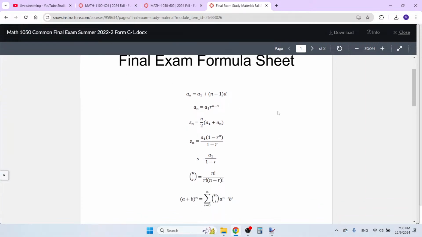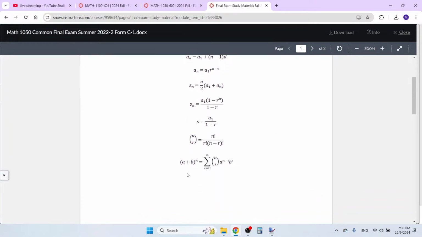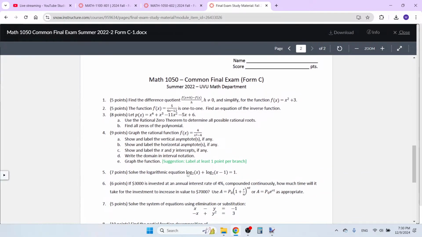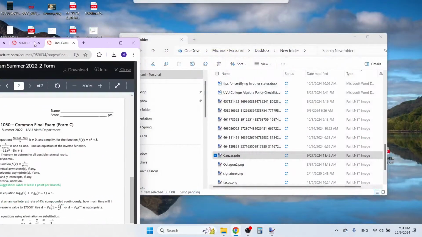Here's our formula sheet that you will get on the exam. And here are some problems from a couple years ago. The finals are always pretty similar, although they won't have exactly the same questions.